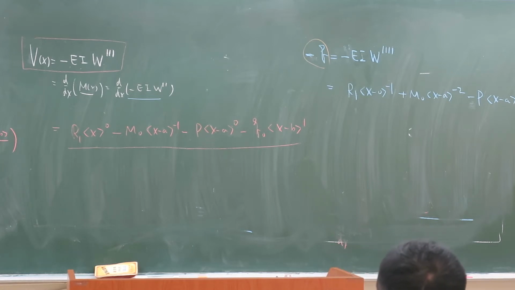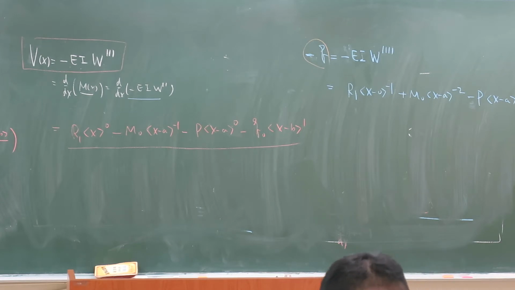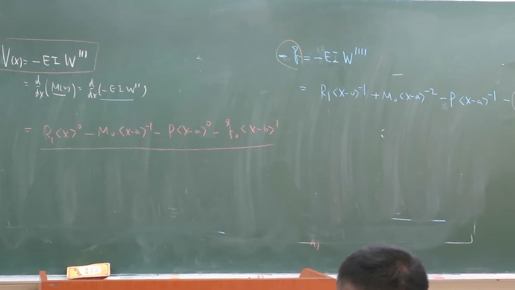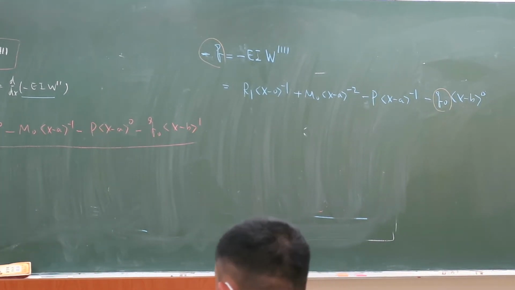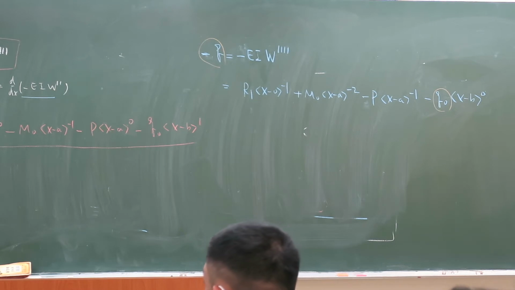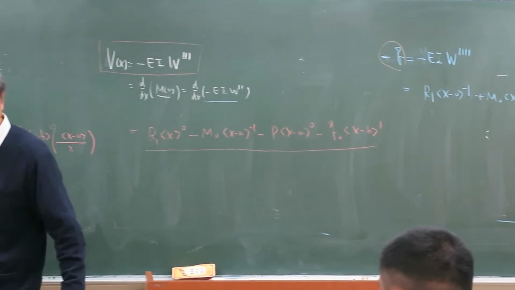So instead of sometimes, maybe the moment, for example, if some discontinued loading is very complicated, maybe something like this, whatever, you have to find the resultant moment and the location of this loading to get the moment, which is very difficult.